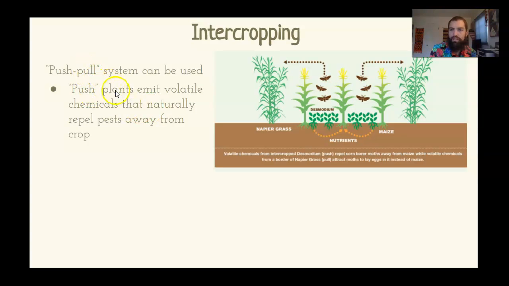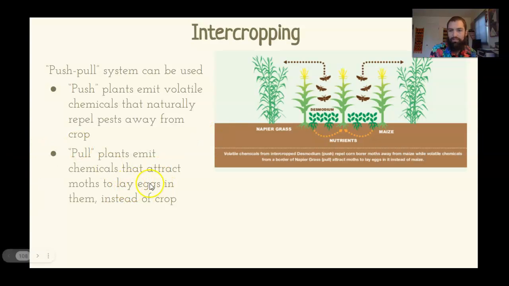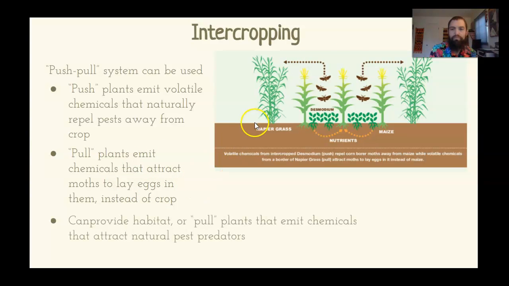The push is when plants emit volatile chemicals that naturally repel the pests away from the crop. So it's maybe just a total repellent. And then the pull attracts them to, like I said, a different crop that they'll prefer to live on. So this can provide habitat or pull plants that emit chemicals that attract natural pests or predators too. So you could have something that attracts a certain type of bird that eats those butterflies, for example.